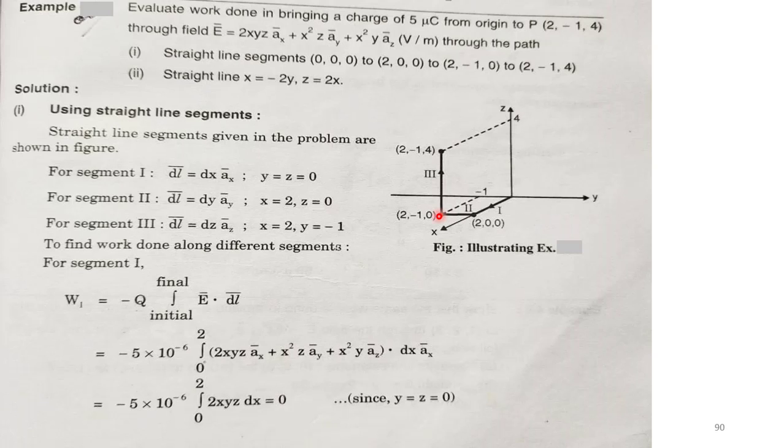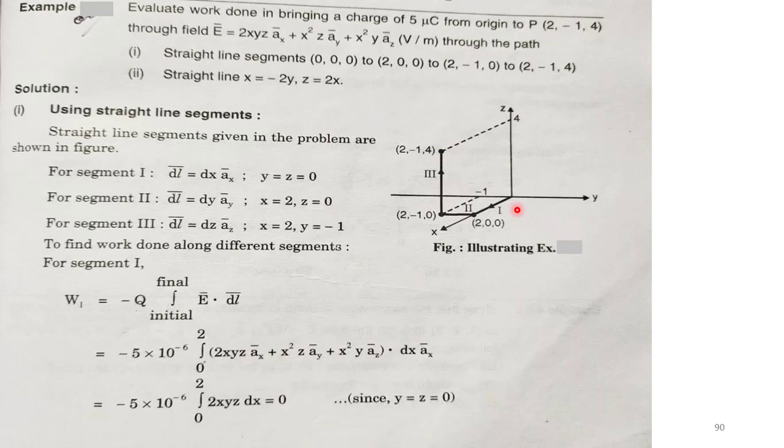Now this (2, -1, 0) point is raised by a height of 4. Therefore, we will raise this point along z axis by a height of 4, and we are going to get this point as (2, -1, 4). Clear? So this is our origin and this is our last point, (2, -1, 4).